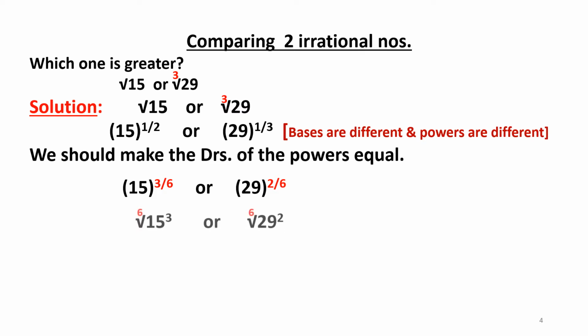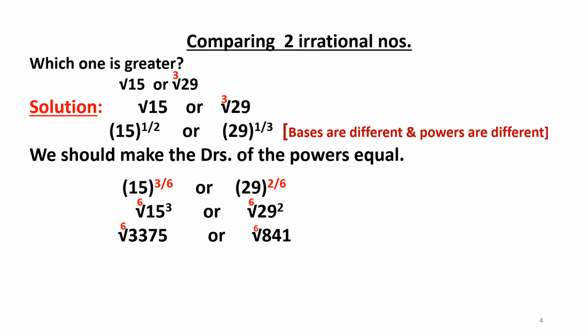So we can write 6th root of 15 cube. Only 6 has come out as a 6th root. Here also 6th root of 29 square. Now we will find 15 cube and here 29 square. 15 cube is 3375. 29 square is 841.